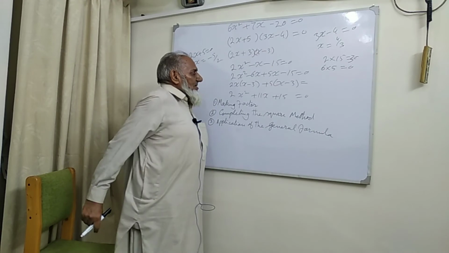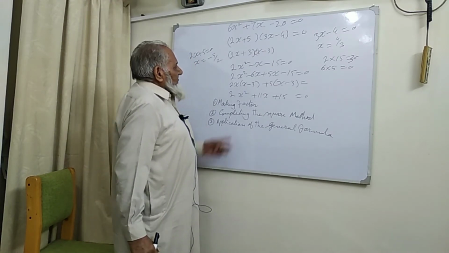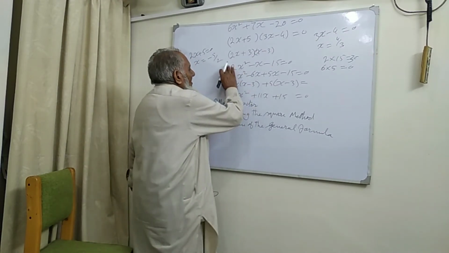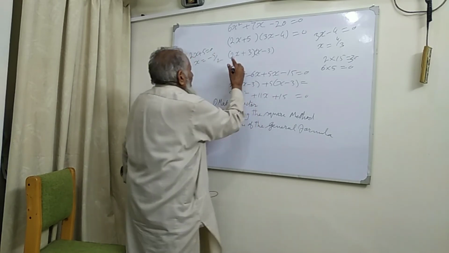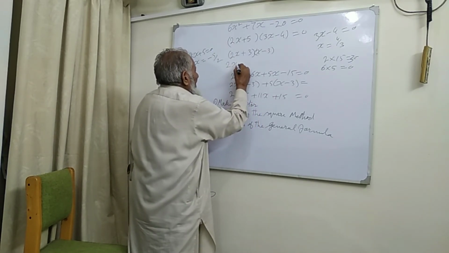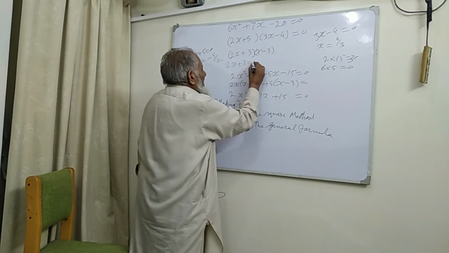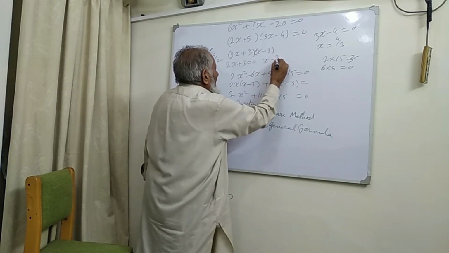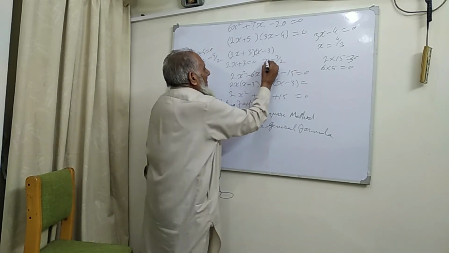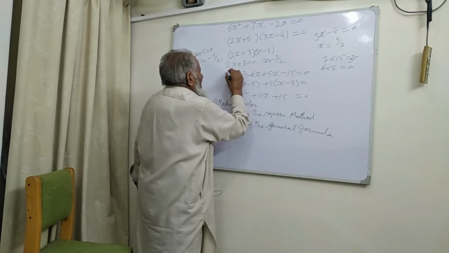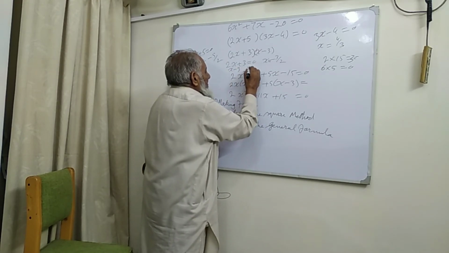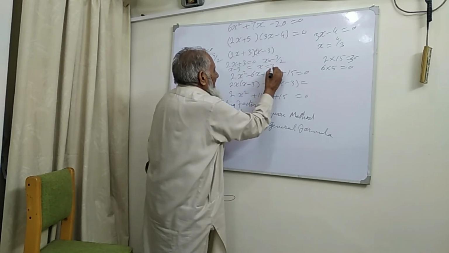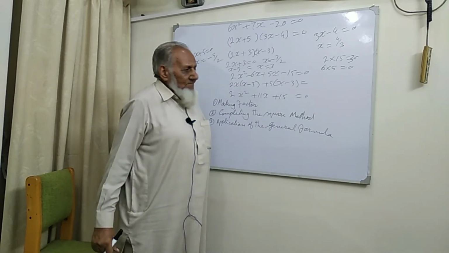So again, either of the two factors may be 0. When the first factor is 0, 2x plus 5 equal to 0. This means x is equal to minus 5 by 2. And when x minus 3 equal to 0, this means x is equal to 3.